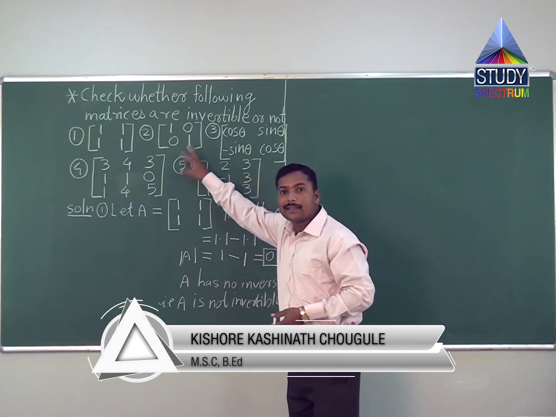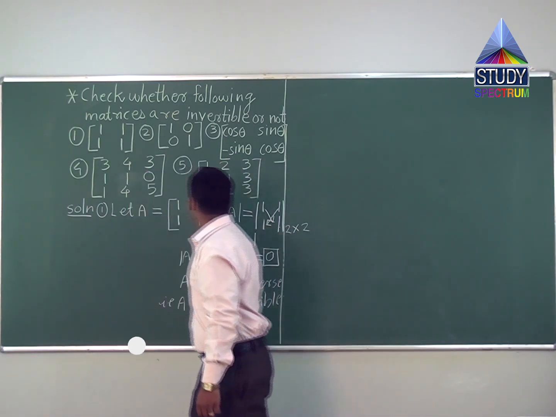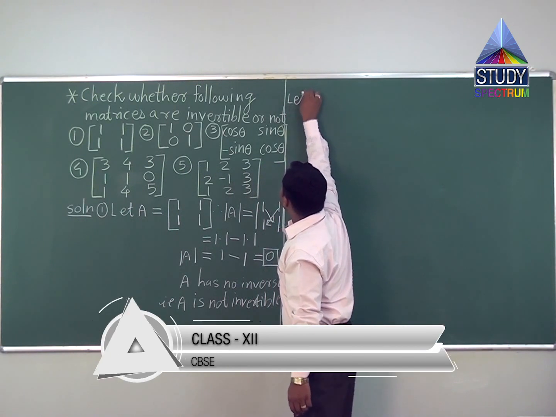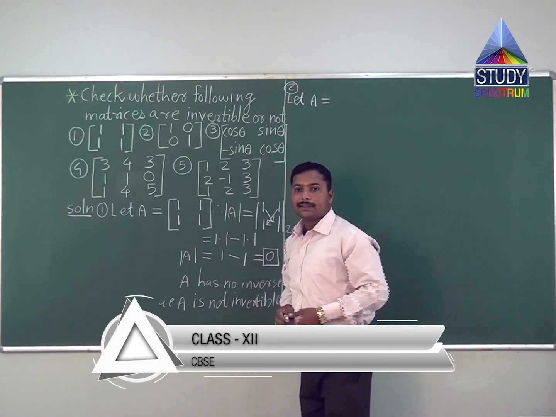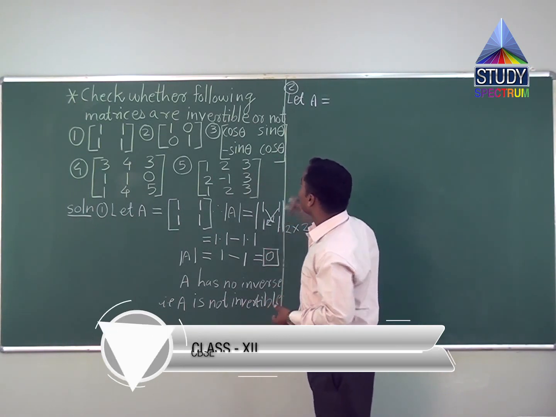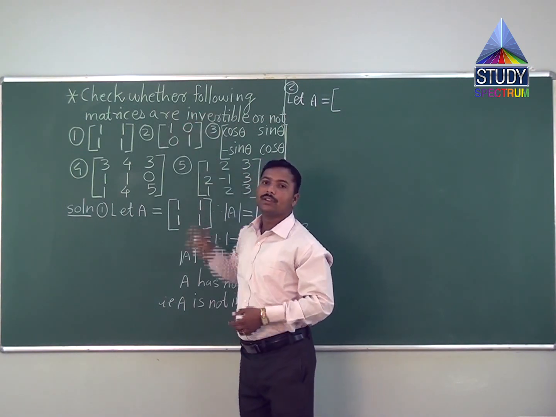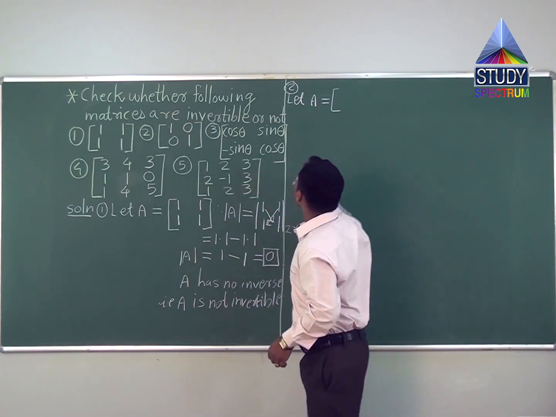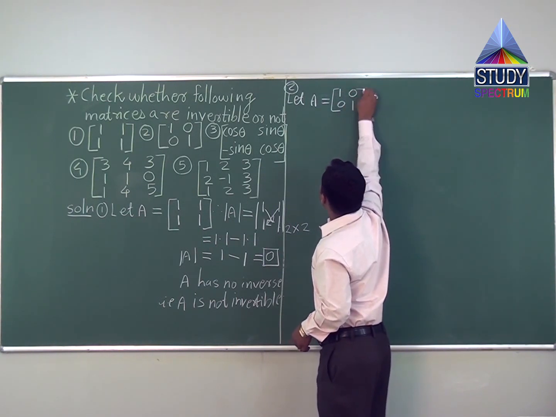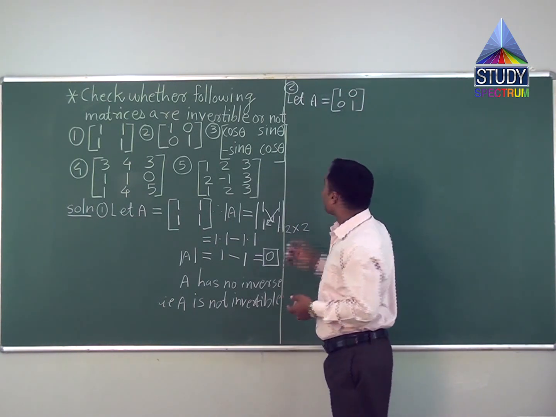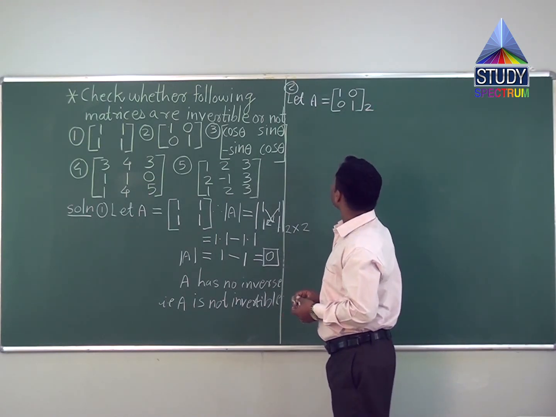Similarly, we discuss the second matrix. Suppose let A equal the given matrix 1 0, 0 1, meaning this is an identity matrix. Again this matrix is also a 2 by 2 matrix.